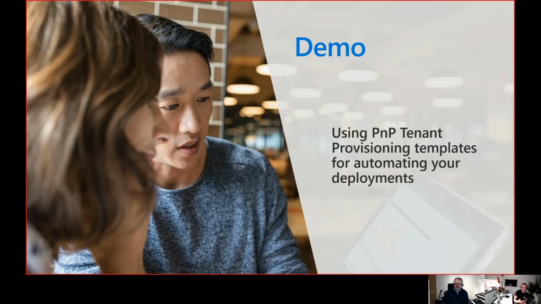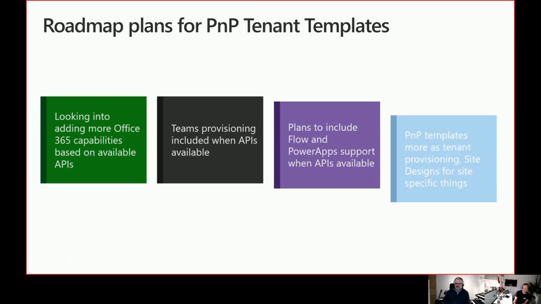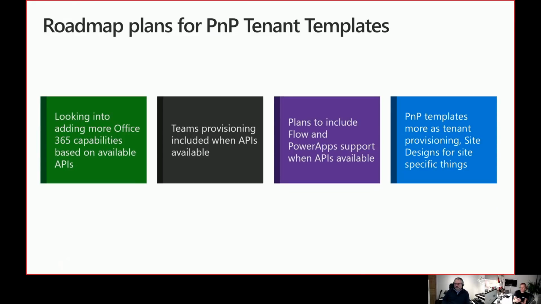The PnP templates have been concentrating more on the SharePoint level until now, but otherwise we're looking into actually extending the PnP Tenant Templates to the broader set of Office 365 or Microsoft 365 capabilities, which will then give you opportunities of automating, for example, Microsoft Teams API stuff, or let's say Microsoft Flow or Power App support whenever the API support is available from them.